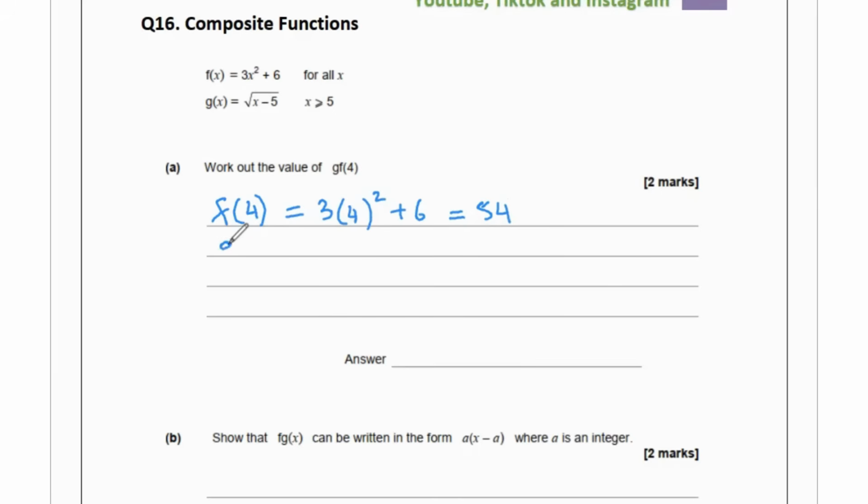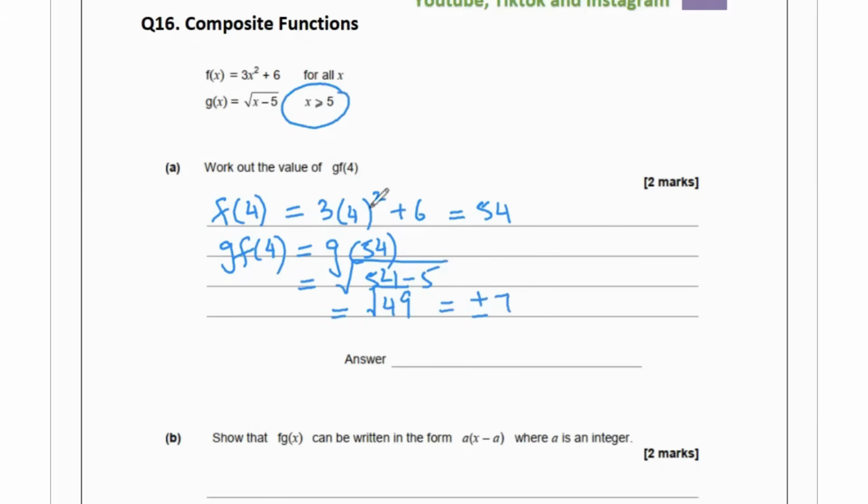Then g of f of 4 is basically the same as g of 54, because f of 4 is equal to 54. So we find g of 54. So that's square root of 54 minus 5. That's root 49, which is plus or minus 7. Now it says x is greater than or equal to 5, which means we use positive 7, not negative 7.